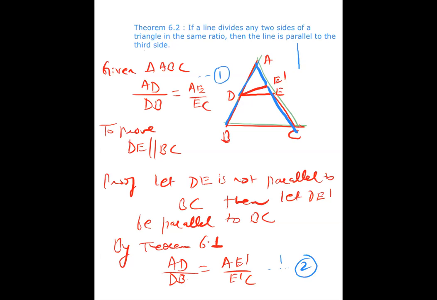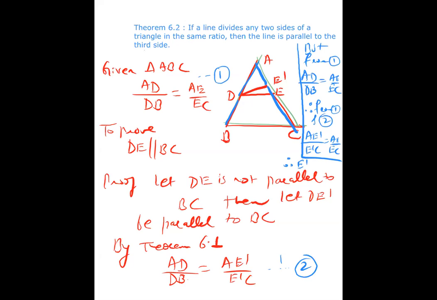So here you have to write, but from 1, AD by DB is equal to AE by EC. Therefore, from 1 and 2, we can say that AE dash by E dash C is equal to AE by EC. Therefore, E dash and E must coincide.